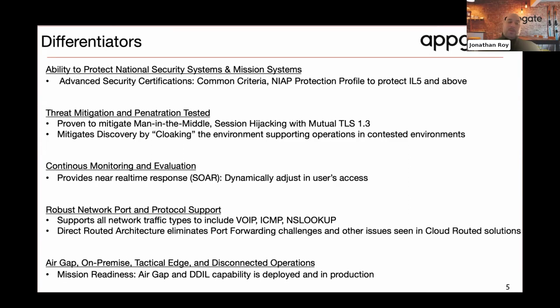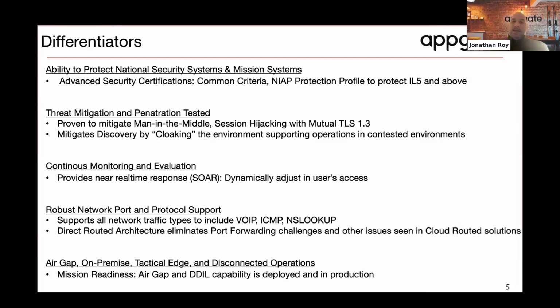So for example, with AppGate, we're deploying in unclass, secret, and TS environments very frequently. Trying to achieve things like a NIAP protection profile and Common Criteria are still challenging, because there really isn't a protection profile for zero trust network access solutions.